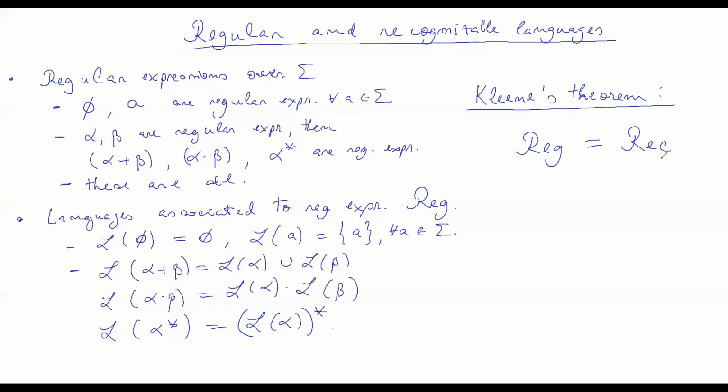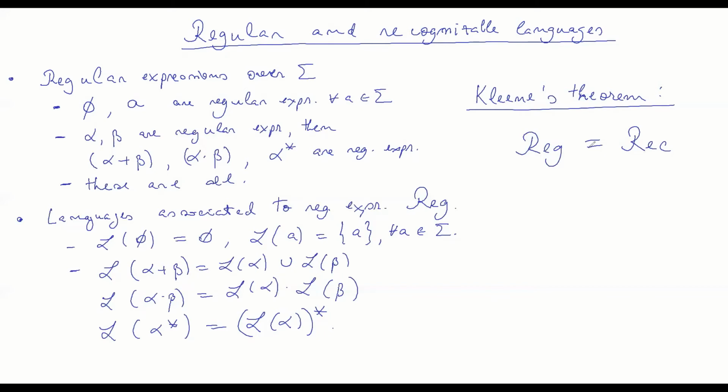The recognizable languages are defined from the point of view of computations. They tell you something about how an input word is driving a computation, starting in a state and ending somewhere else. On the other hand, the regular languages tell you something deep about the structure of the language: how you form that language, starting with just singletons and using just union, concatenation, and star.